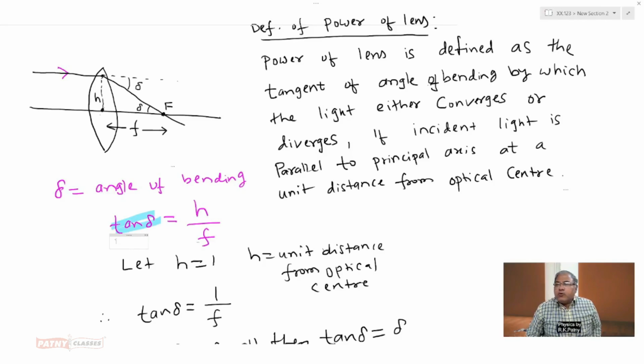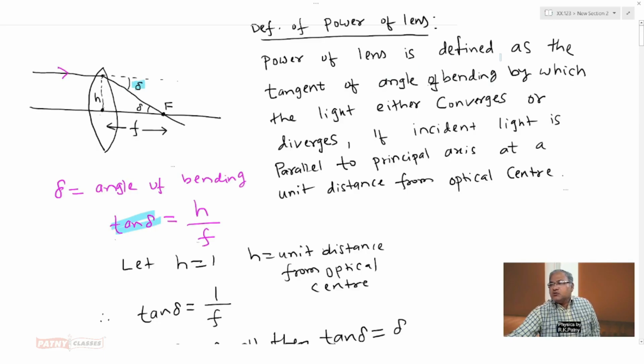So now let us define the power of a lens. Power of a lens is defined as the tangent of the angle of bending, where delta is the angle of bending of light after refraction.